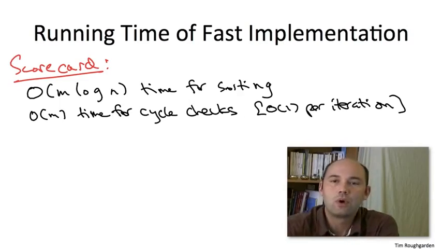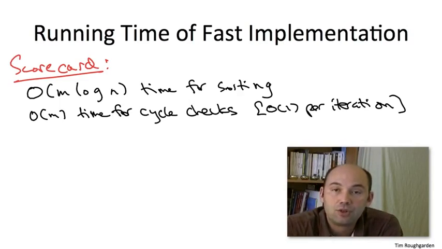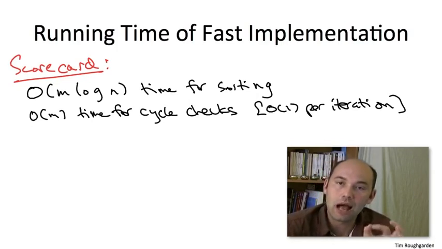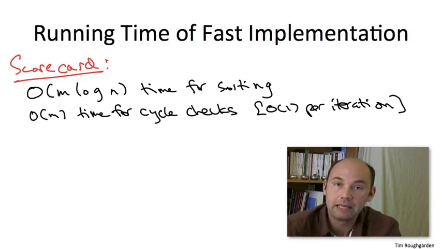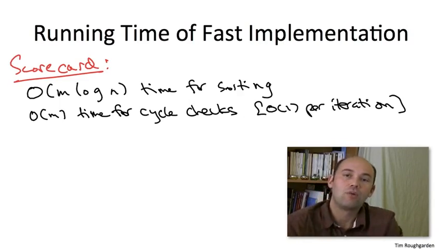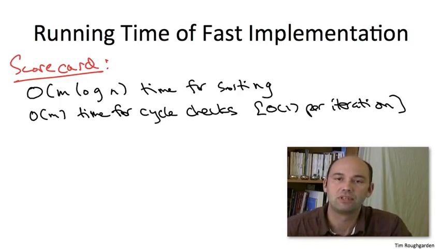But the final source of work is maintaining this union find data structure, restoring the invariant each time we add a new edge to the set capital T. And here the good idea is we're not going to just bound the worst case running time of these leader pointer updates for each iteration, because that could be too expensive. That could be up to linear in just a single iteration. Rather, we're going to do a global analysis, thinking about the total number of leader pointer updates that ever occur.